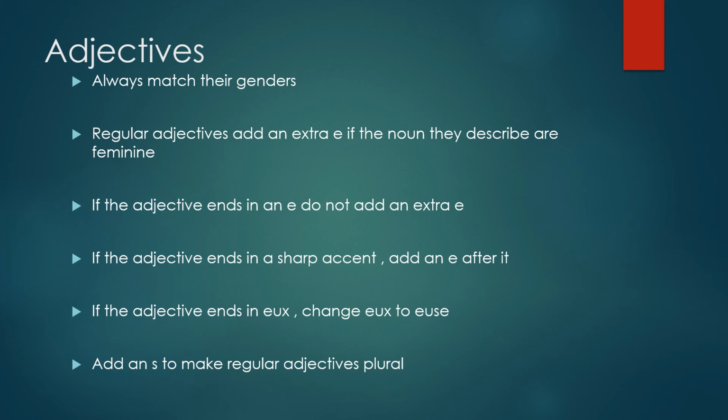And if the adjective ends in a sharp accent, you can add another E after it. In fact, you have to add another E, all right? And then if the adjective ends in EUX, you change the EUX to EUSE, all right? And always remember that if your noun is plural, to a regular adjective, you add an S.